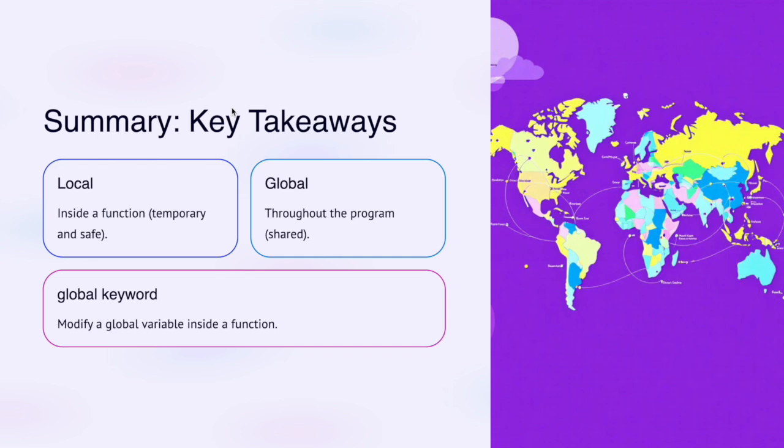And the global keyword is used only to update a global variable inside a function. This is what we have understood theoretically. Now we will see everything practically, so let's move into our code base.